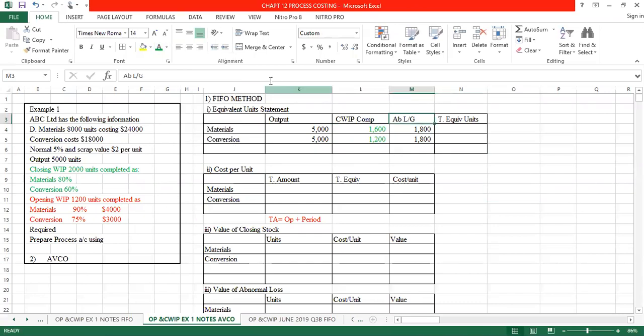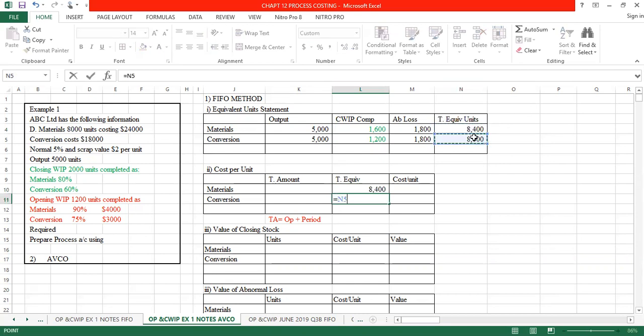So this is abnormal loss. So what is the total equivalent units? 5,000 plus 1,600 plus 1,800. You get 8,400. Equivalent units, we can transfer it there.